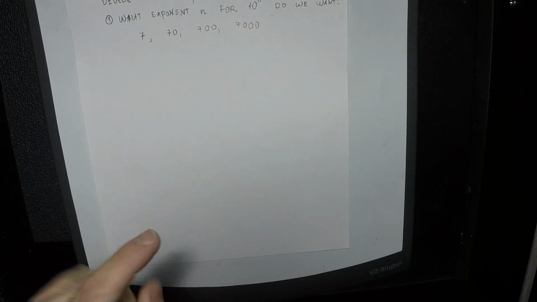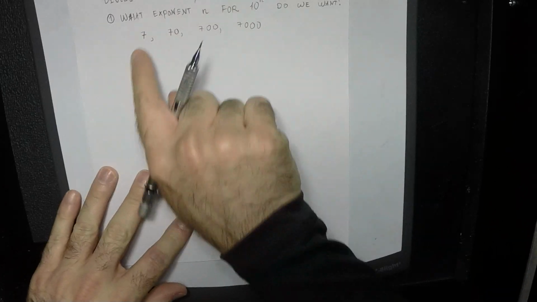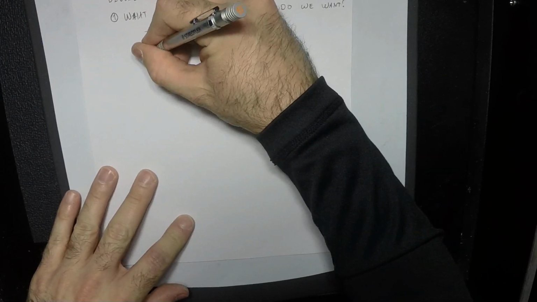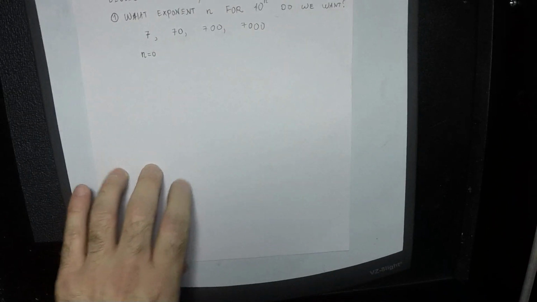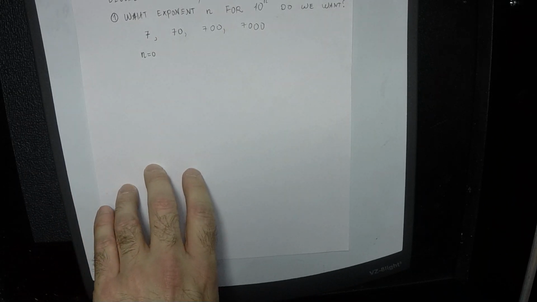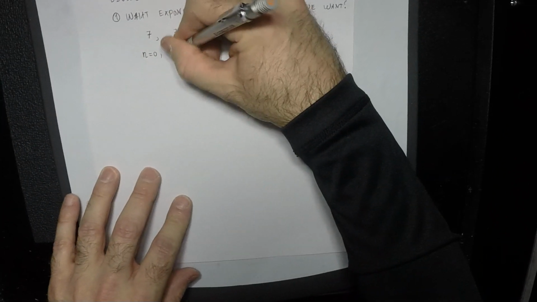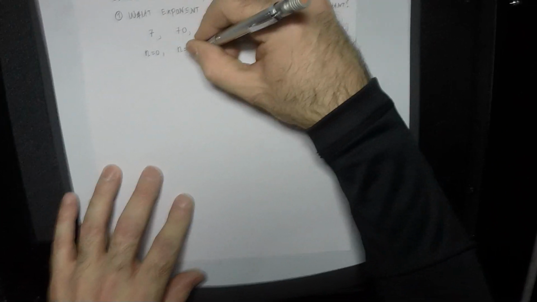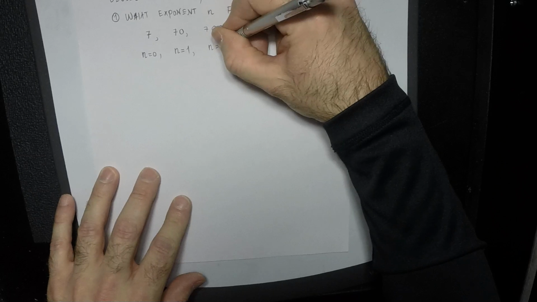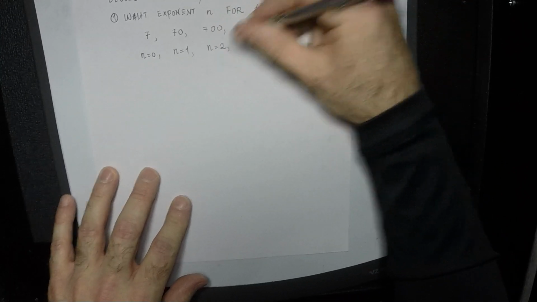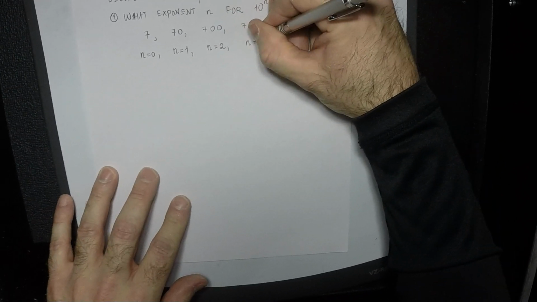That corresponds to saying that if this were the choice, we'd be saying that n is 0. The exponent that we can use is n equal to 0. This one is n equal to 1. This one is n equal to 2. And this one is n equal to 3.